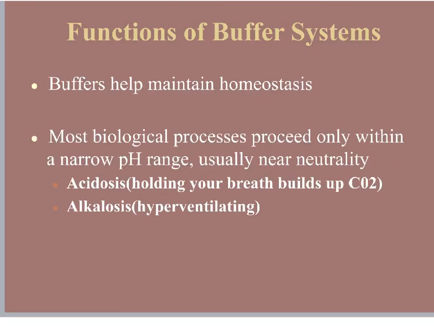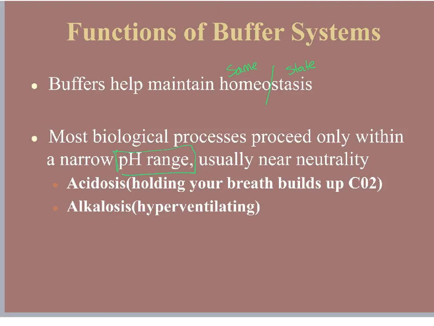Okay, so just kind of further explaining the importance of buffer systems. Buffers help maintain something called homeostasis. Homeostasis means same state. All living organisms, whether at the cellular level, tissue level, or organ system level, like to maintain a steady state where most biological processes occur in a very narrow pH range.